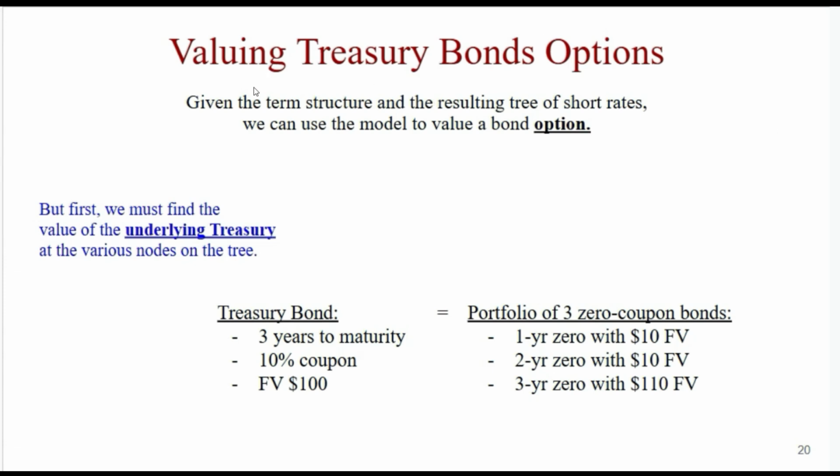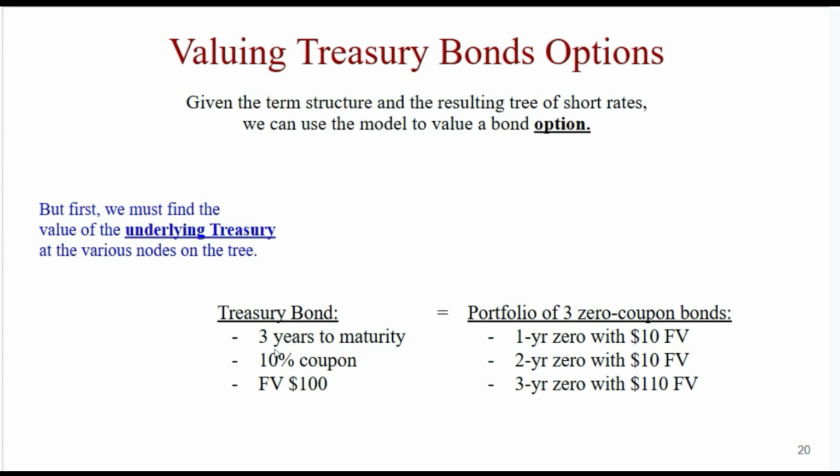So given the market term structure and the resulting tree of short rates, we can now use the model to value a bond option. But first, we must find the value of the underlying treasury at the various nodes on the tree. Take a treasury with 3 years to maturity, a 10% coupon, and a face value of $100.